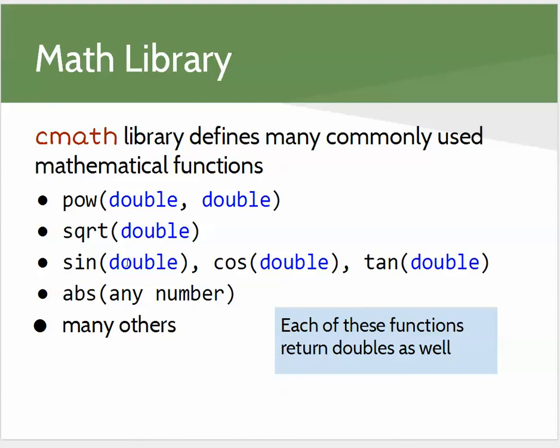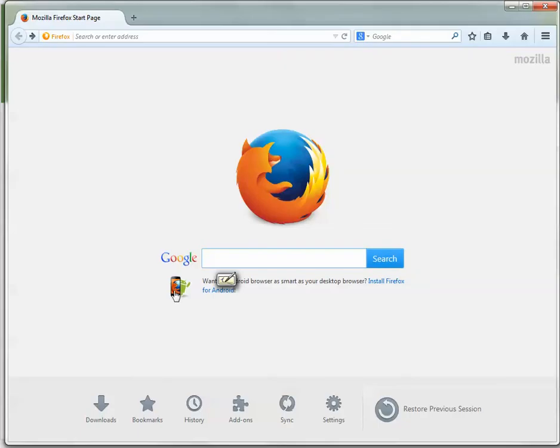This is something that you can look up in documentation. If you Google the sine function in the cmath library, you'll have lots of documentation on this. So let's just prove that out. And of course, you can use your textbook for this, but you want to start to get used to using Google, using search engines to help you out with C++ and any programming.